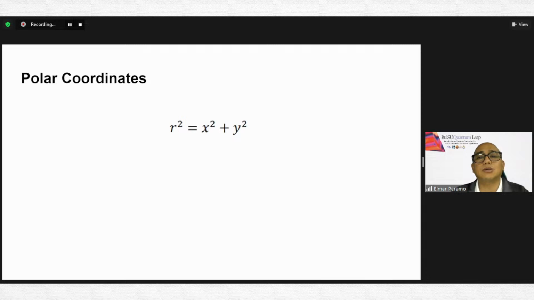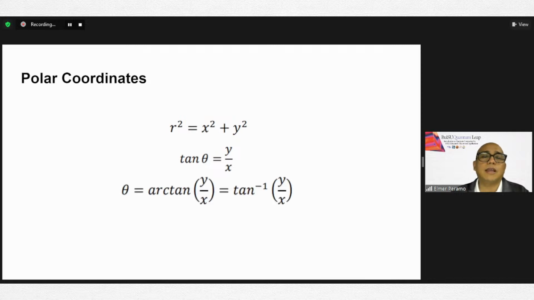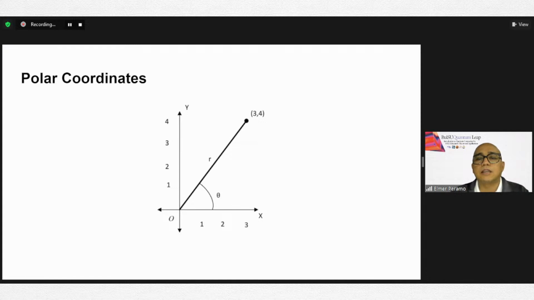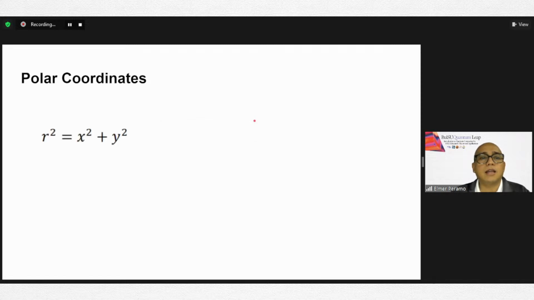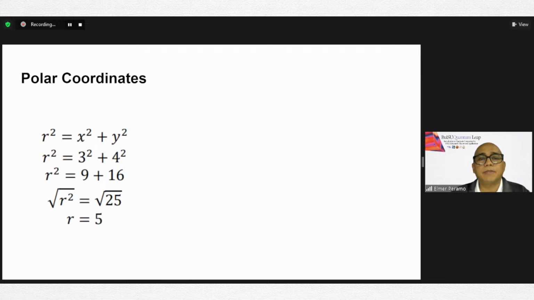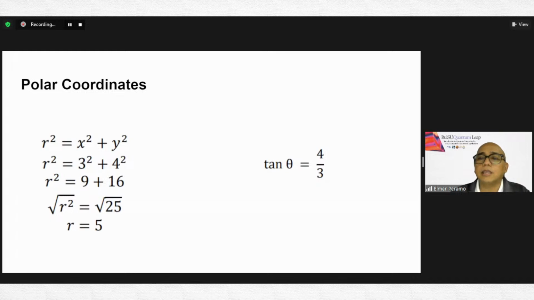R squared equals x squared plus y squared to compute the radius, and the angle is tangent theta equals y over x, or basically theta is the arctan of y over x. For example, this is your point in rectangular coordinates: 3, 4. You can compute r as r squared equals x squared plus y squared, so that's going to be 5. And then theta is the arctan of 4 over 3.